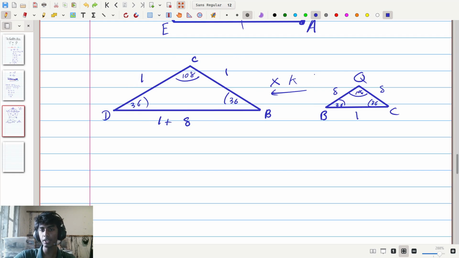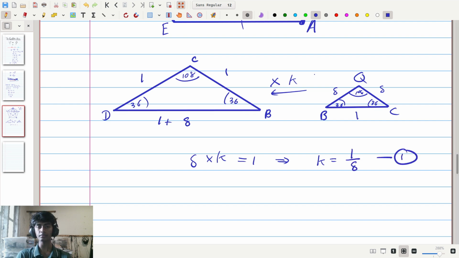Considering the multiplications we do, this side length corresponds with this side length, which means in order to get to here, we need to multiply delta by k. So delta multiplied by k is equal to the corresponding side length, which is 1. This equation gives us that k is equal to 1 divided by delta. This is equation 1.